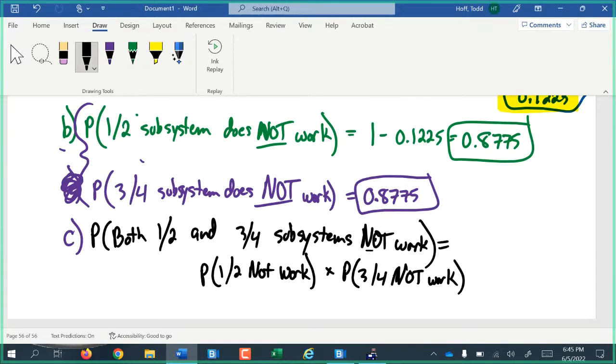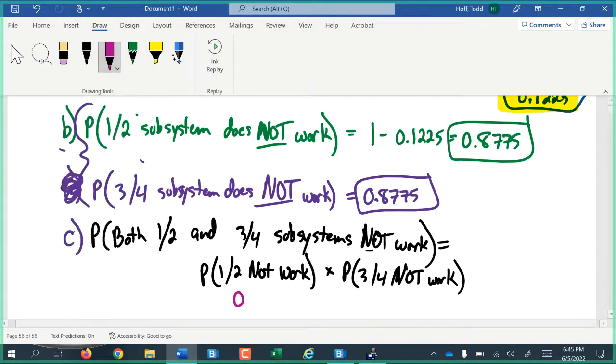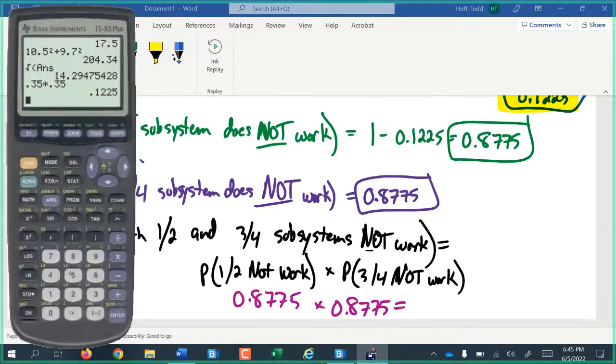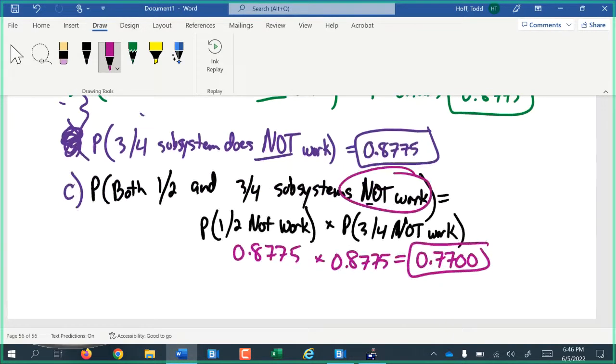So that's just going to be the 0.8775 times 0.8775. So 0.8775 times 0.8775, giving us 0.7700 if we're rounding to 4 decimal places. So that's the probability that it will not work.